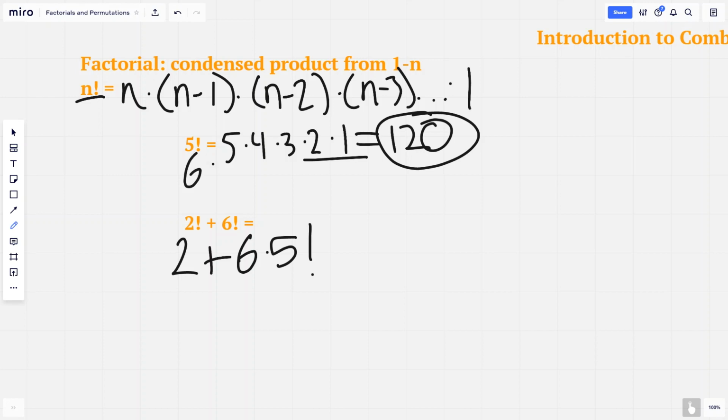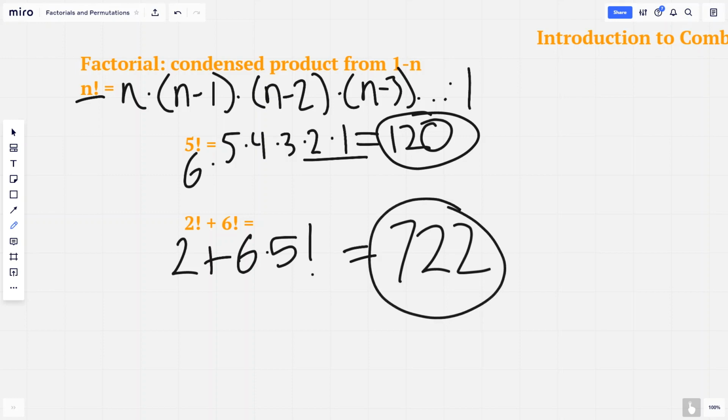So basically, it's the product of all the integers less than or equal to 6. We already know what 5 factorial is, so we just have to calculate 6 times 120, which is 720. So 2 factorial plus 6 factorial is going to be 722.